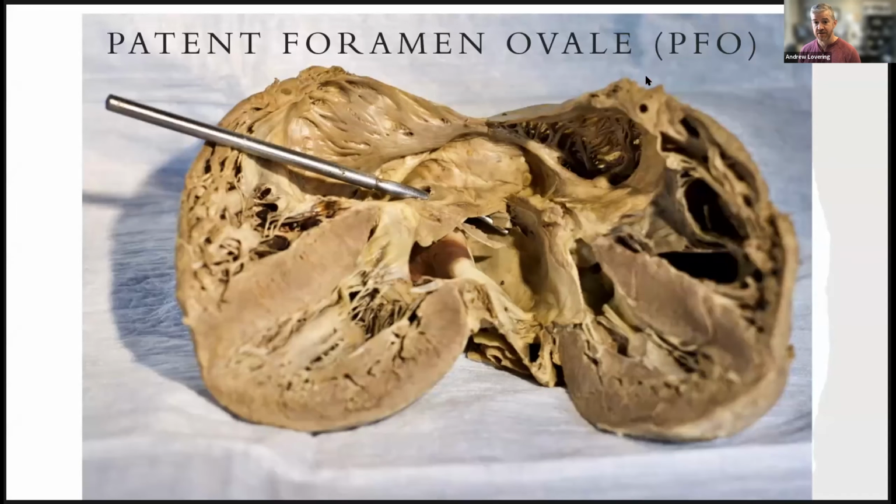I will say that there are some studies to suggest that people with South American ancestry that have a PFO can develop exaggerated increases in pulmonary pressure during exercise. So there's definitely a possibility that the PFO may be involved in the polycythemia, but as far as I know, I don't think it's been looked at.